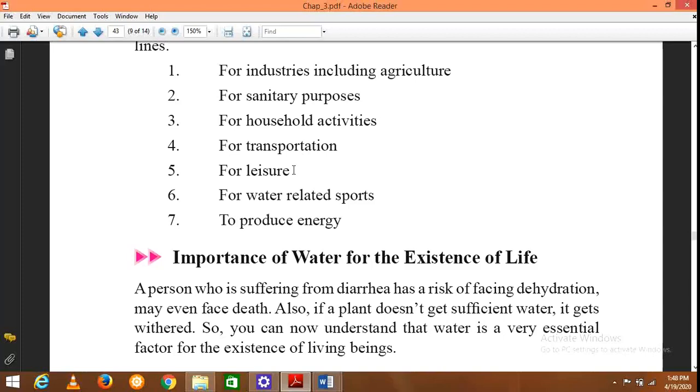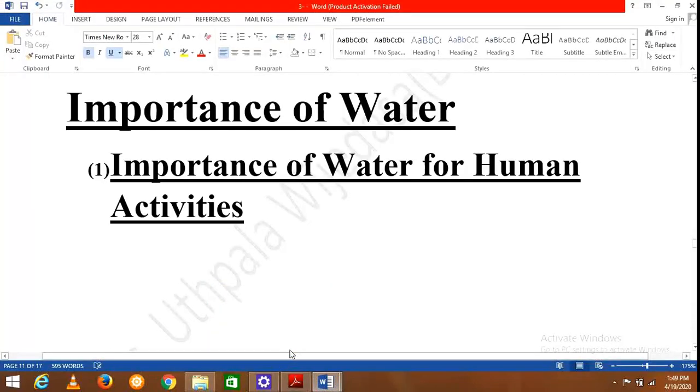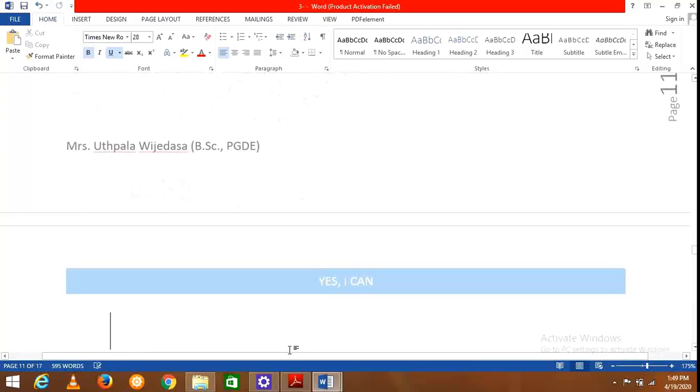Then for leisure activities, we need water. There are a lot of games which are related with water, water related sports, and to produce energy, the electrical energy which is generated by using the kinetic energy of water. So these are the importance of water for human activities.